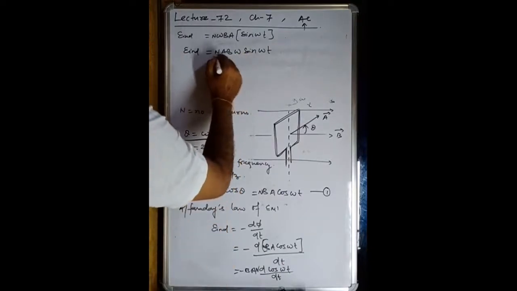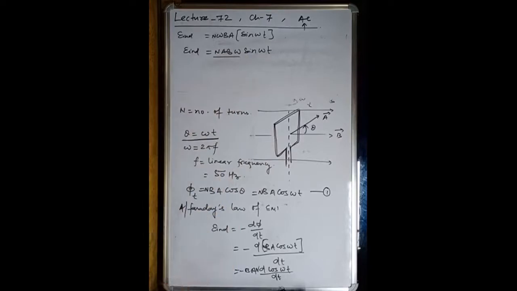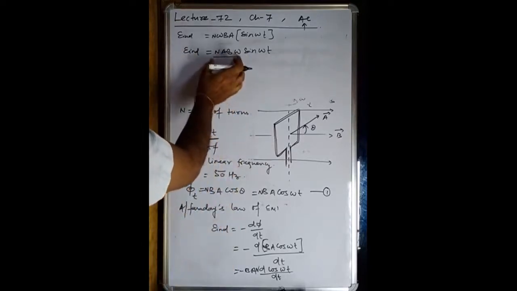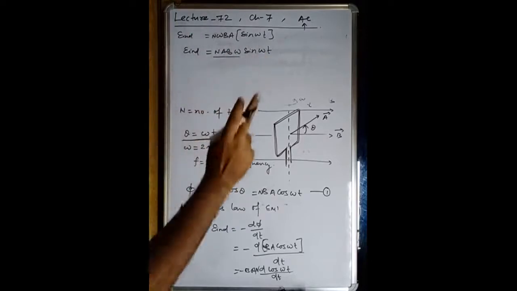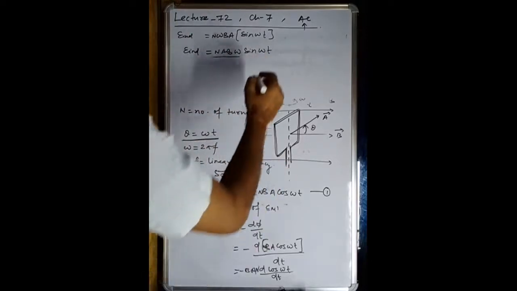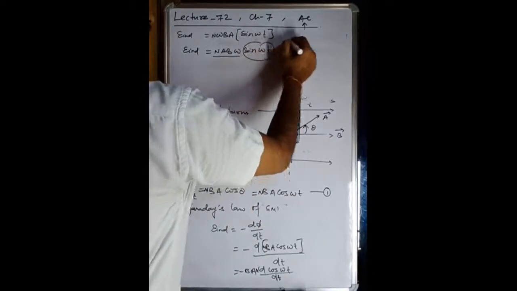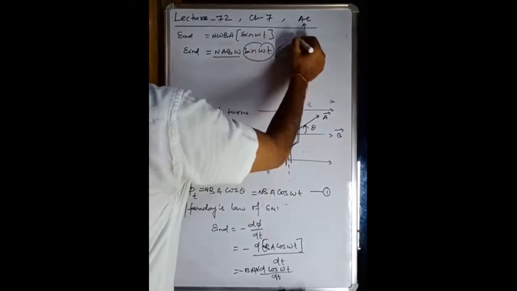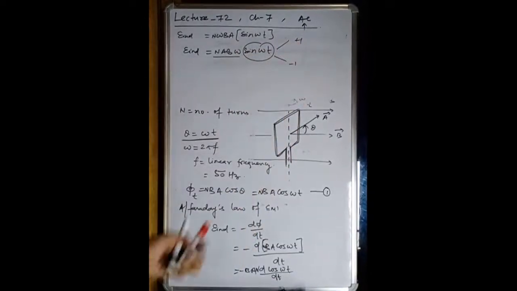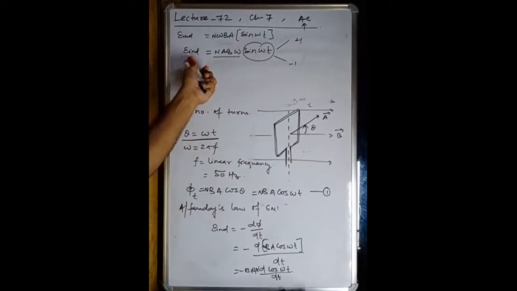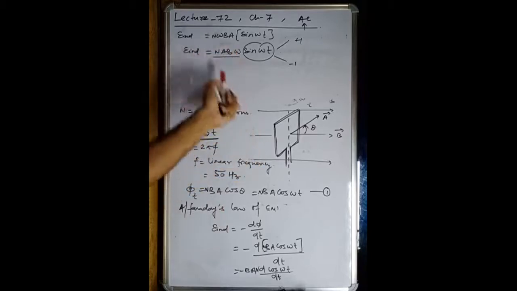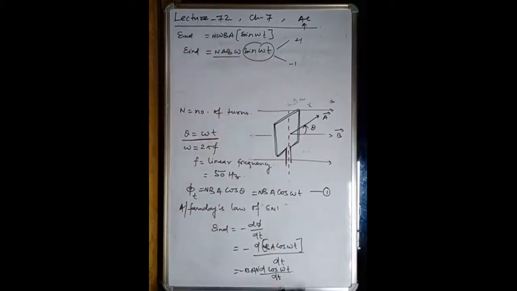It means all these values are constant, and this will be maximum only if the sine is how much? 1. We know that this particular value will vary from -1 to +1. It means the maximum value of this E induced will be NAB omega, and the minimum will be minus NAB omega.